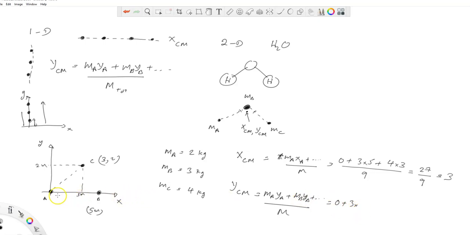The y distance, it is on the x-axis, so the y distance is also 0. Plus C, we have 4 kilograms, 2 meters along the axis, right? 4 times 2 over the total mass, again 9. So we have 8 over 9, which is 0.89, something like that. 8 divided by 9 is 0.888.